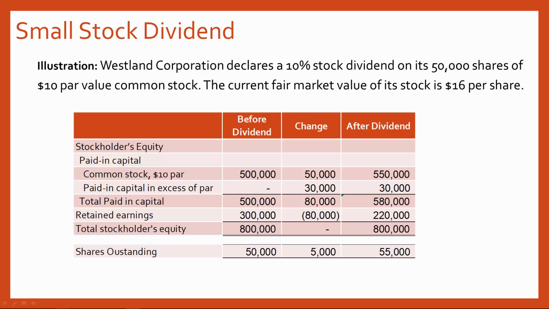The difference is that the corporation has used $80,000 of retained earnings when they debited the stock dividend account and converted it into paid-in capital. $50,000 of it went to the common stock account, and the $30,000, which resulted from the increase in the market value over the par value, went into the paid-in capital in excess of par account. And if you look at the shares outstanding, they started with 50,000 shares outstanding. The corporation issued 5,000 more, and so after the dividend, they have 55,000 shares outstanding.